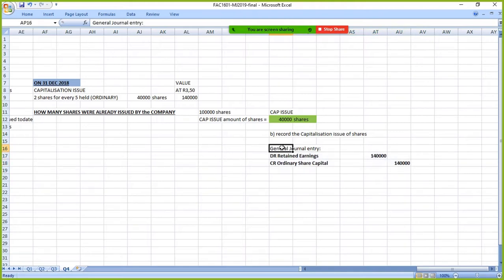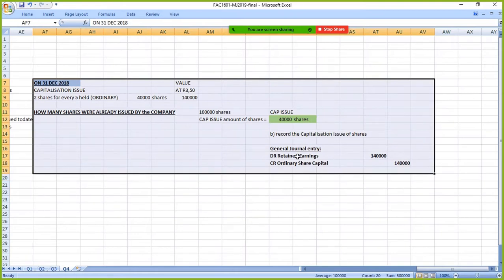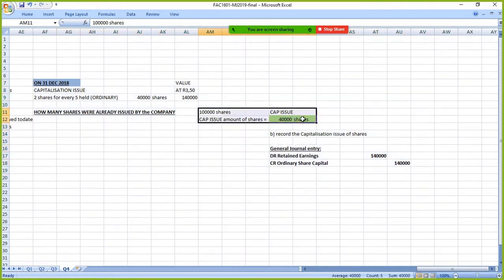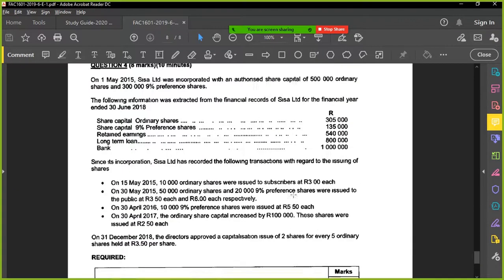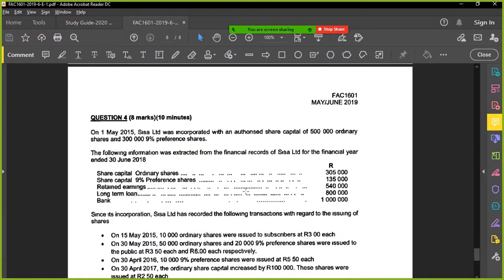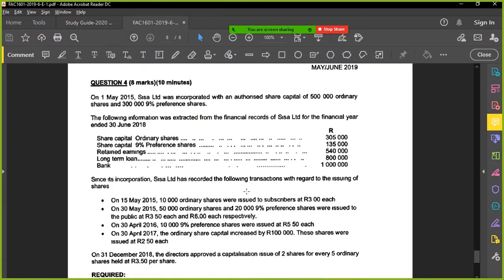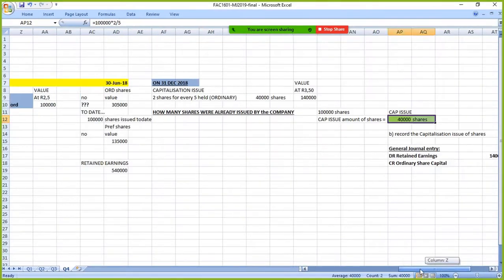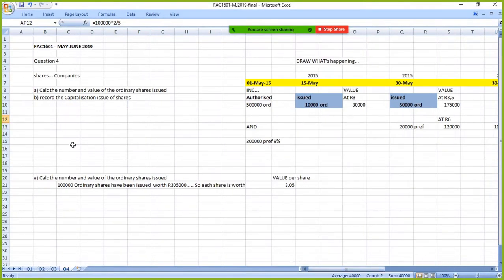There we go, there's the entry. So you needed those workings to do that journal entry. You first had to work out how many shares you issued, and that should have taken you 10 minutes. Does that make sense? Yes. So nice question, bringing in some equity in this particular question.